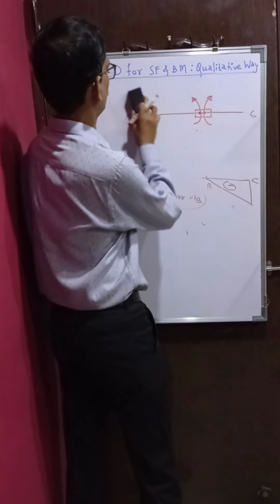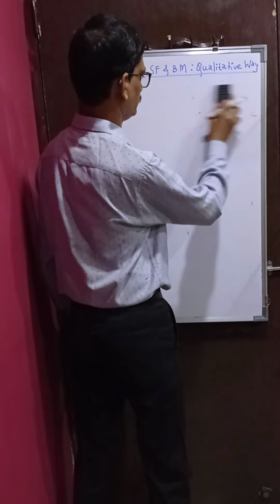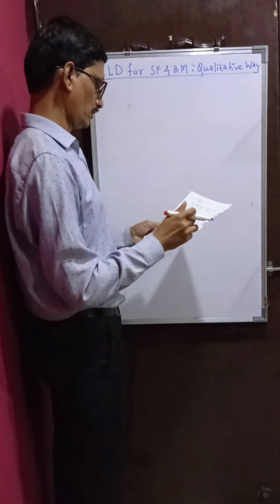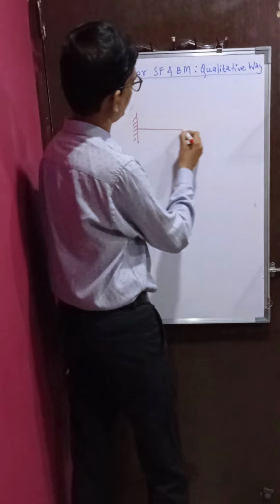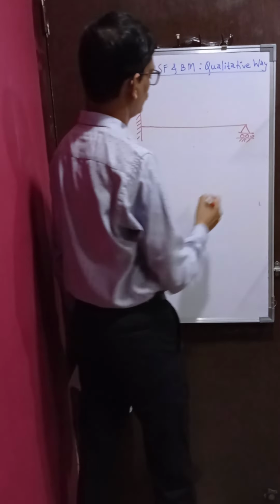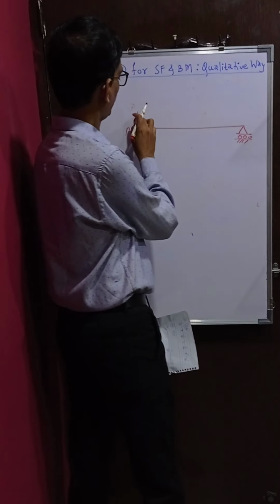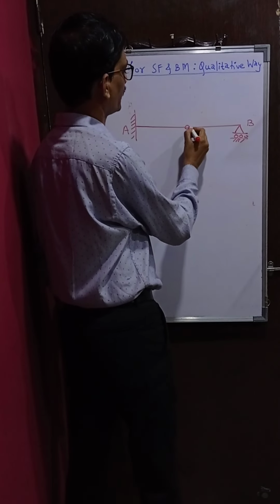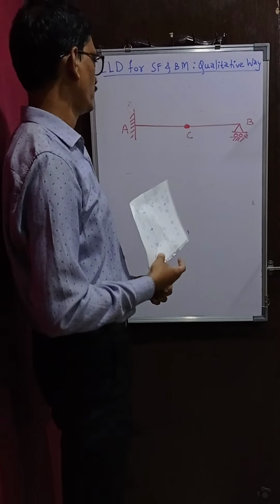Next, I will take the example of a beam where end A is fixed, B is roller support, and there is an internal hinge at C, and I want influence line diagram for MC.